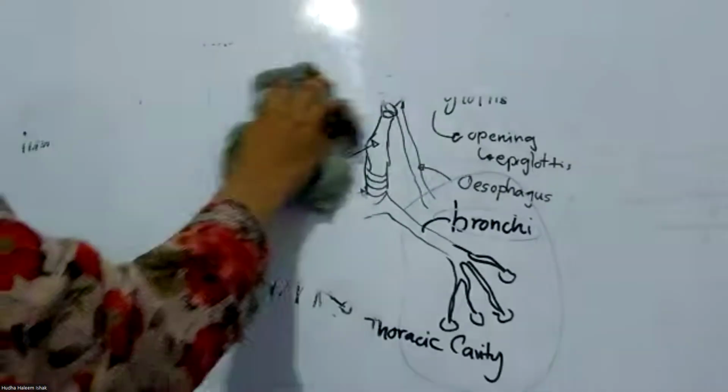What are the two branches present inside the lungs? Tell me soon. Alveoli and the other one, very good. Bronchioles and alveoli. And what are the four main branching ducts?